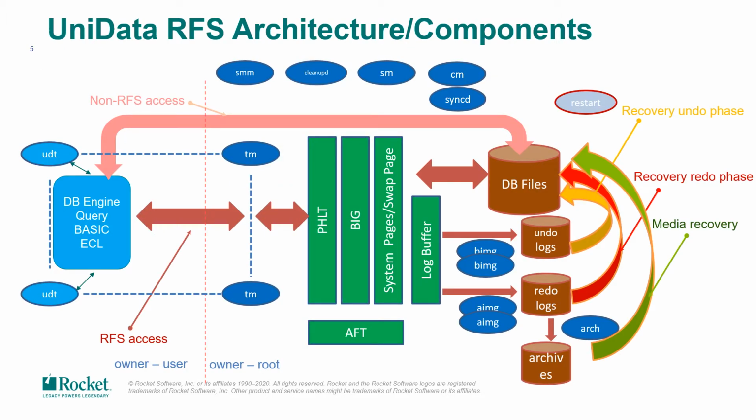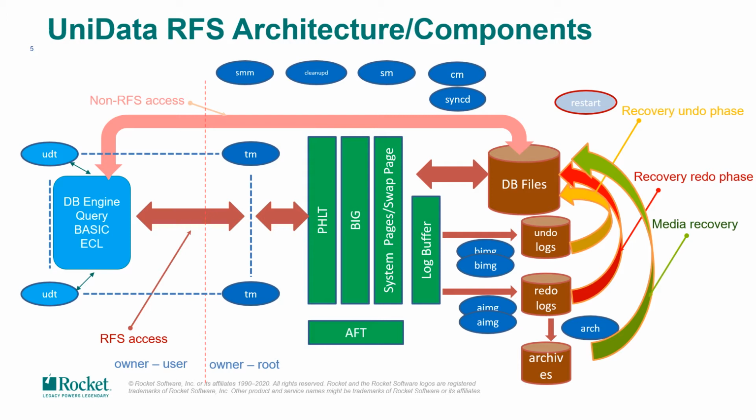This is the architecture diagram for UniData recoverable file system. On the left, we have the UniData shell processes, which are actually the database engine processes. On the right is the place where our data files are located. For non-recoverable file access, the UDT processes directly read and write the data files.